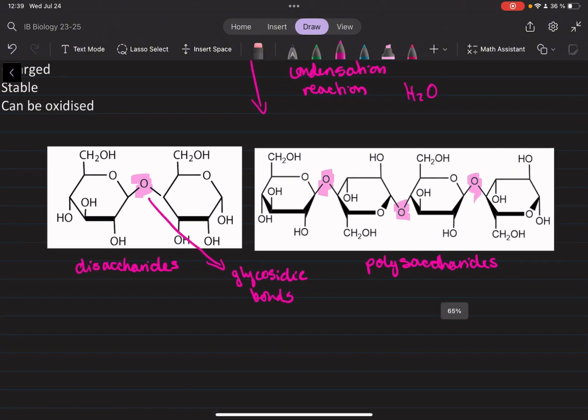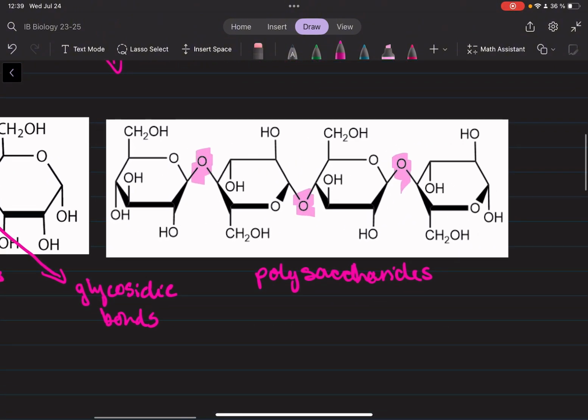In a polysaccharide, however, we do need to know 3 of them, which are starch, cellulose, and glycogen. The good thing about these 3 is that they're all glucoses.